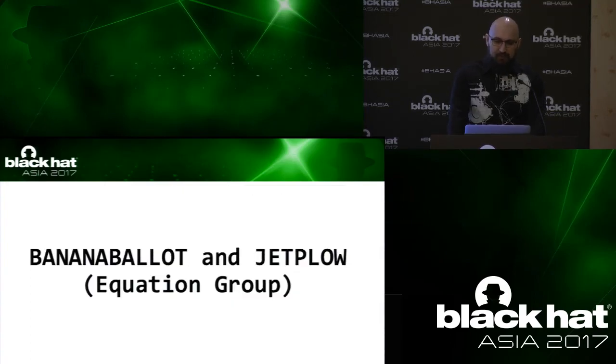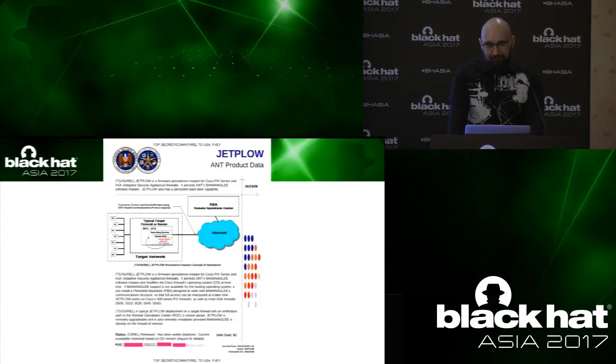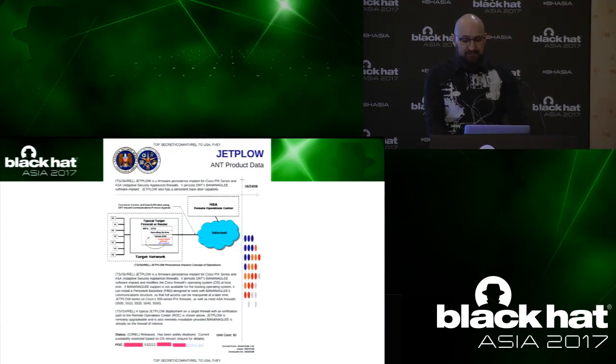BananaBallot and JetPlow, which were used by the Equation Group and leaked by Shadow Brokers last year, have more interesting stuff, because they actually share some samples, and these samples are used to infect the BIOS of Cisco routers.